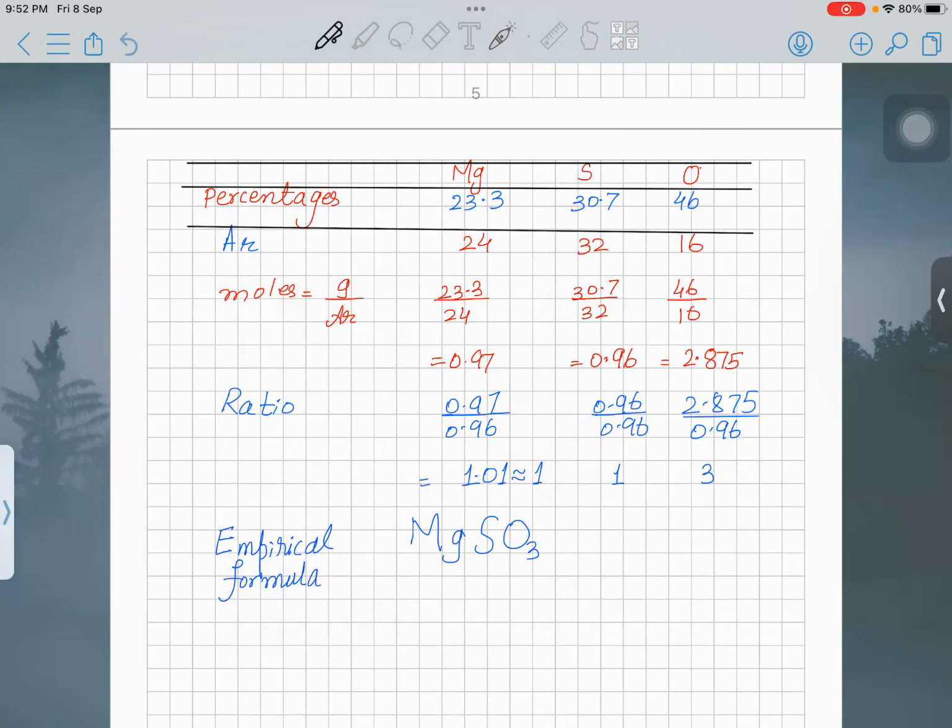Percentages, then AR, then moles, then ratio.